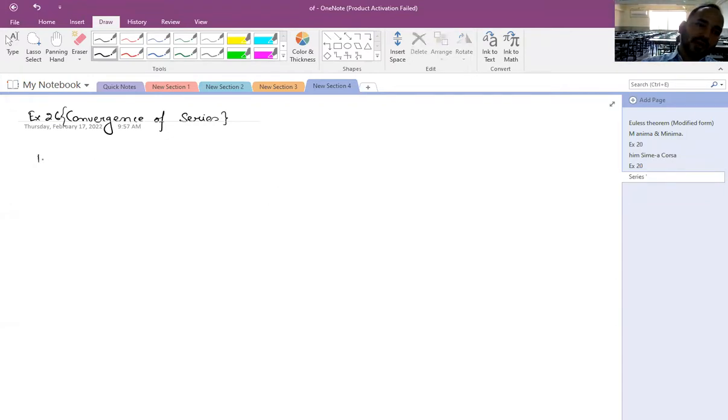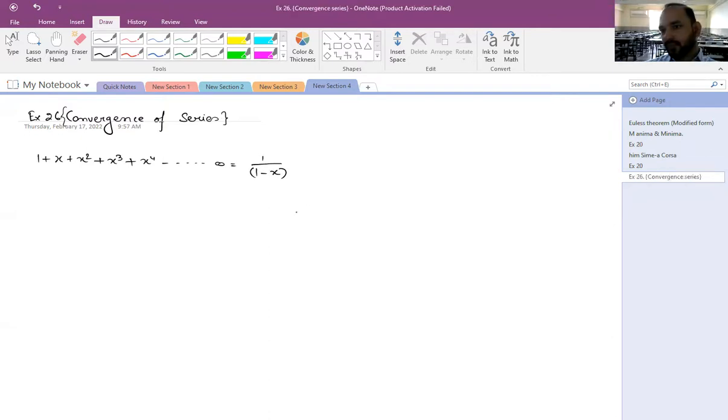See, you all know that 1 plus x square plus x cube plus x raised to 4 and so on, to infinity, is a series which converges to 1 upon 1 minus x. This is taught to you as a geometric progression, so the sum of all infinite terms is 1 upon 1 minus x.